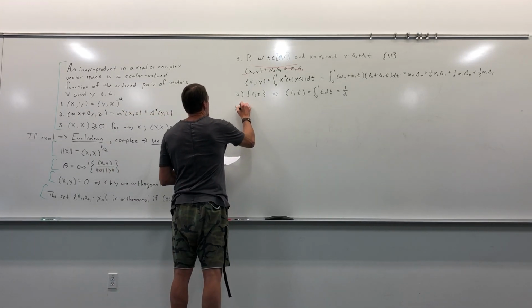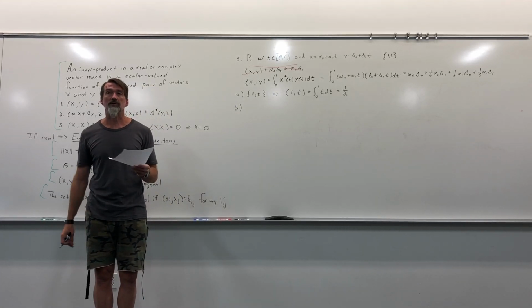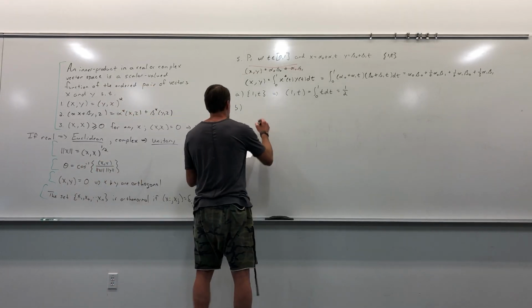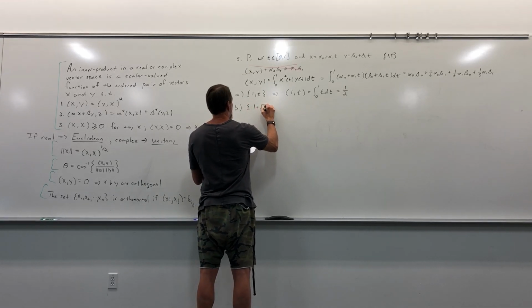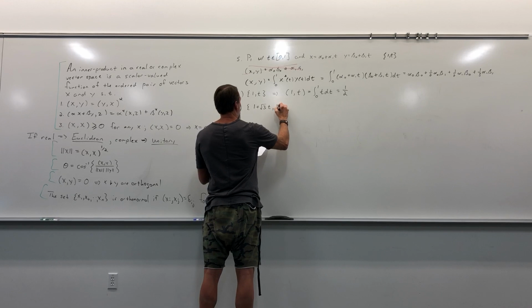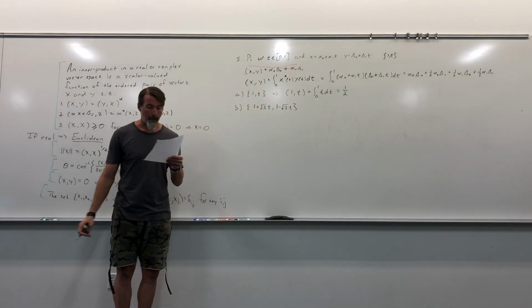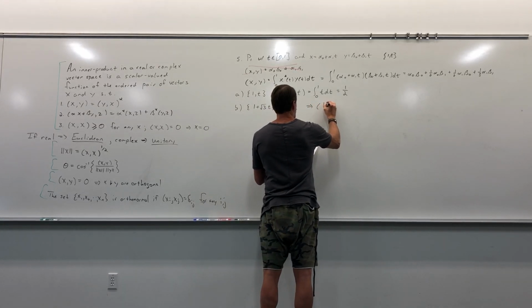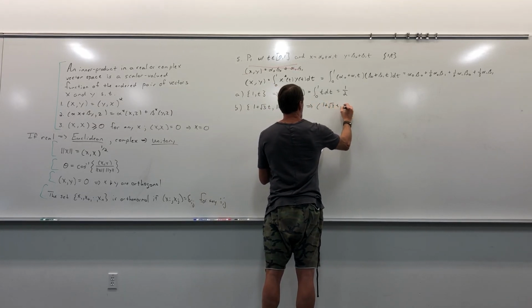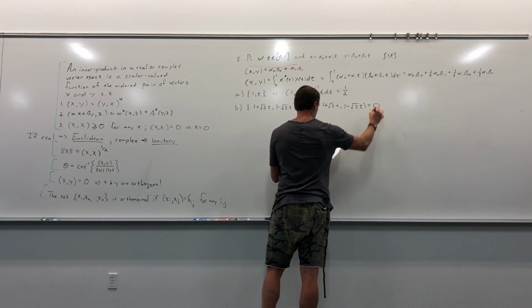Now, is there an orthonormal basis? Well, we'll start with orthogonal. Is there an orthogonal basis? It turns out that if we do 1 plus root 3t and 1 minus root 3t, then we have that the inner product of 1 plus root 3t and 1 minus root 3t is 0.